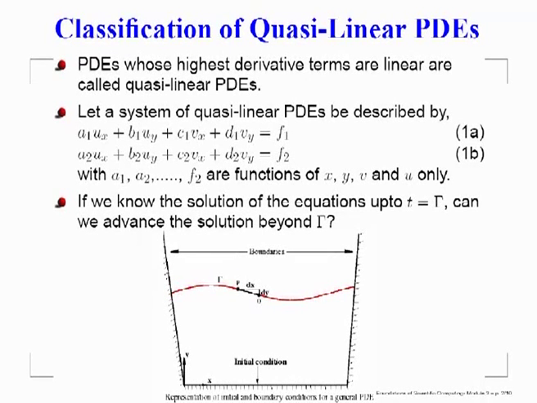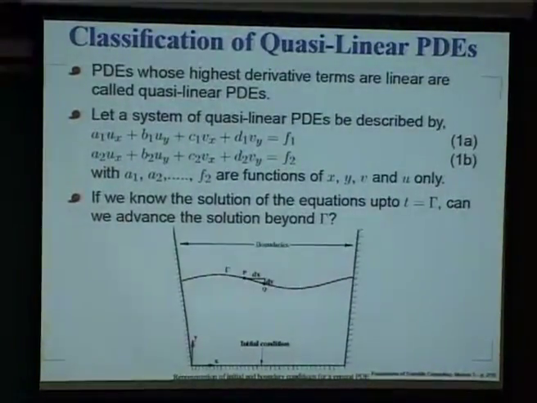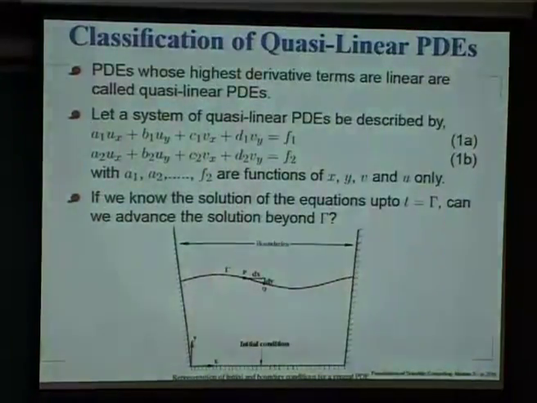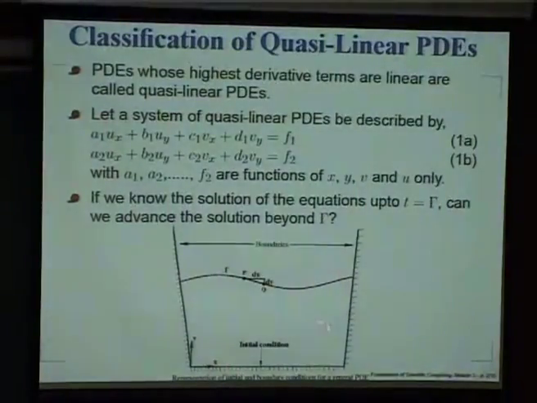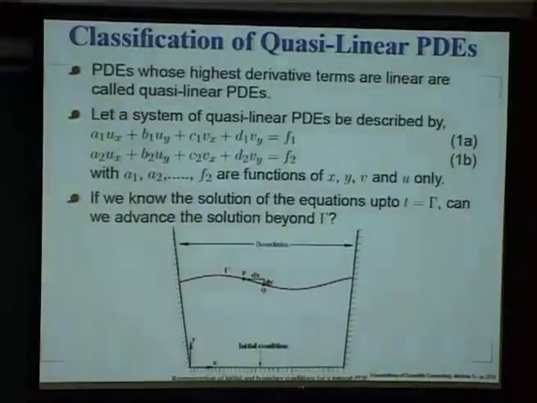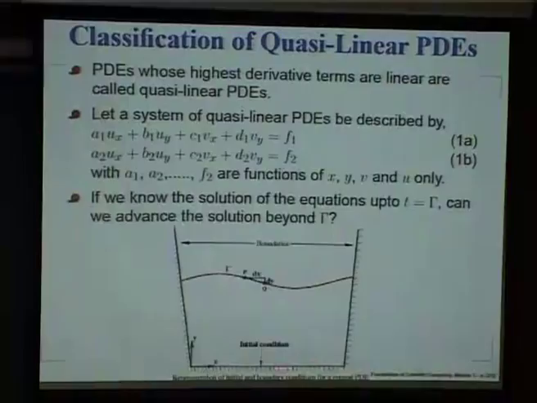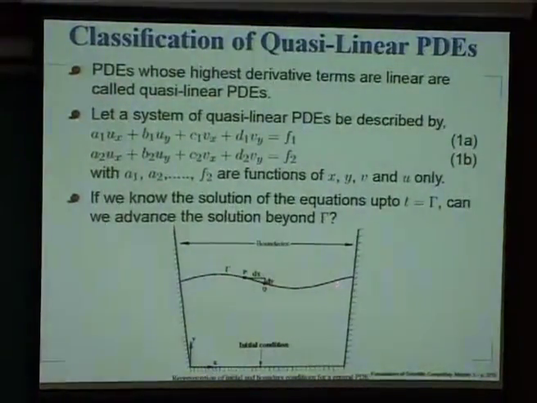Okay? So, in a sense it is nonlinear, but in the highest derivative terms that you see here, u x, u y, v x, v y, they appear linearly. So, that is the appellation by which we call them quasi-linear PDEs. Now, a very simple urge for us is to know that if we have this governing equation and we prescribe some starting conditions and some boundaries over which the solution is defined, and the solution is progressed, and let us say we have reached the solution up to this curve gamma.